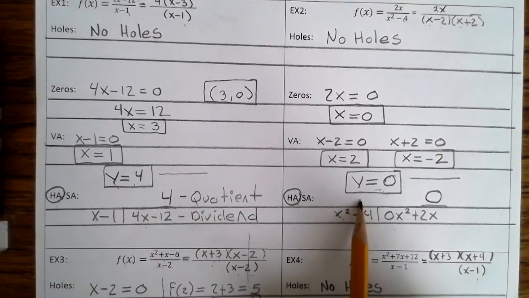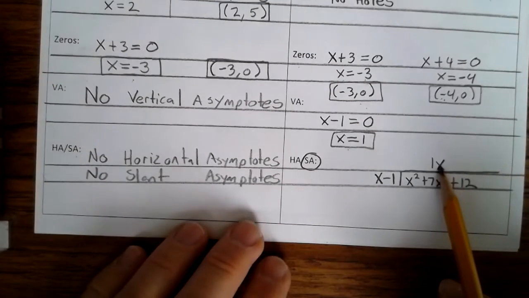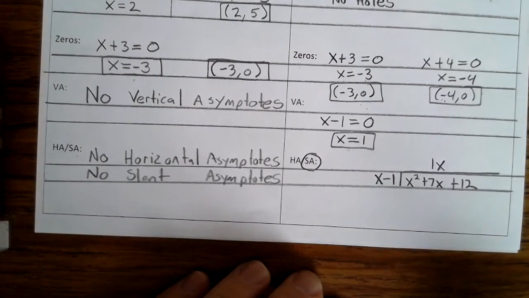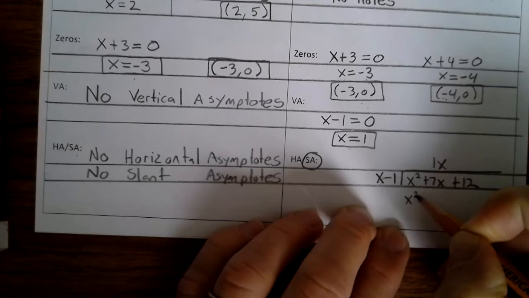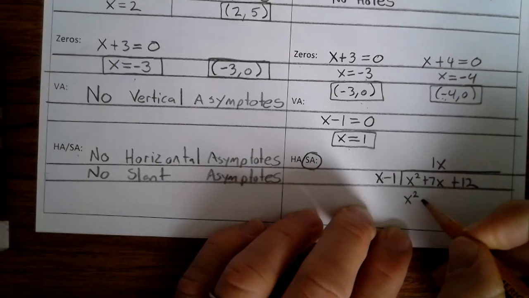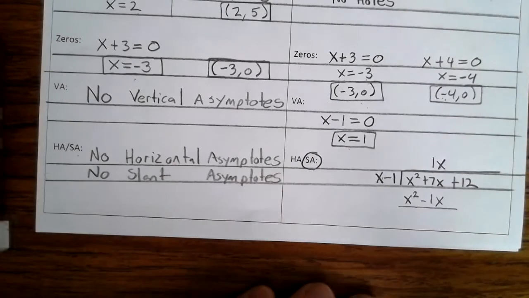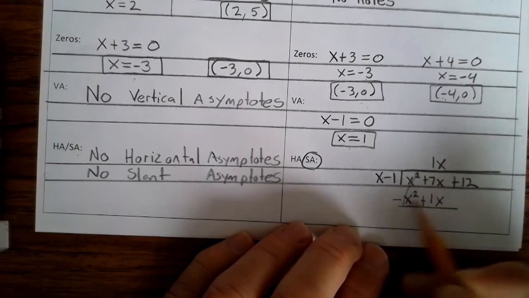Okay? Now, x times x is x squared. x times -1 is -1x. But remember, when you divide, you subtract here, so minus plus cancels, you're left with 8x plus 12. Well, you ask yourself, what do you multiply 1x by to give you 8x?